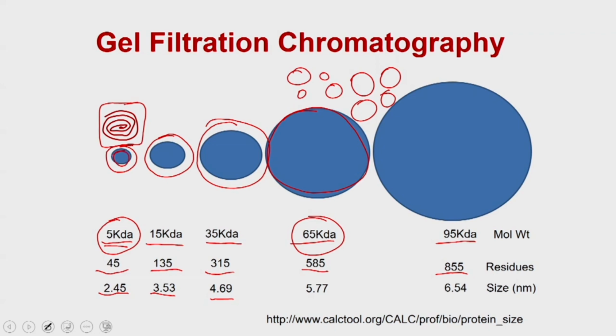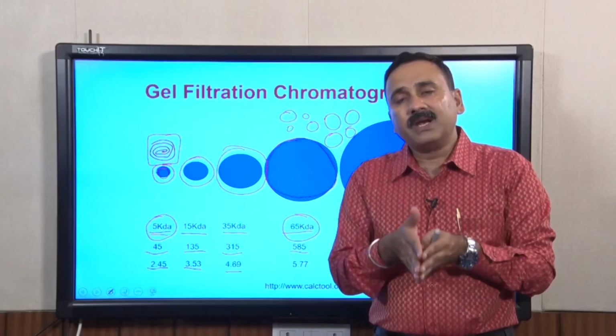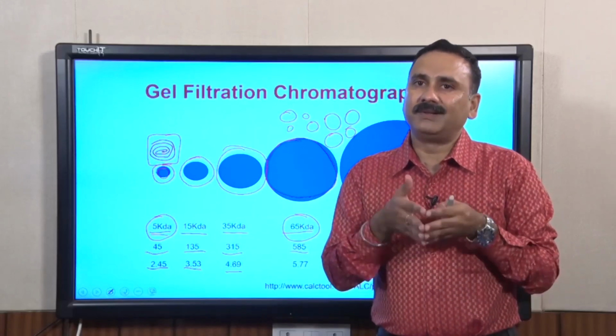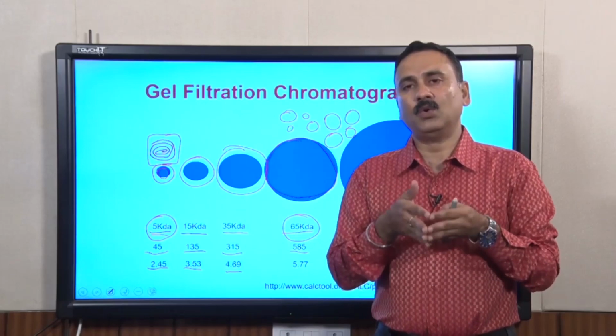If you have a mixture of this protein and this protein, you can simply take filters of two different diameters, the diameter corresponding to 5.77 nanometer and the diameter corresponding to 2.45 nanometer, and if you filter this protein and this protein, these two proteins are going to be separated from each other, and this is exactly what gel filtration is going to do.